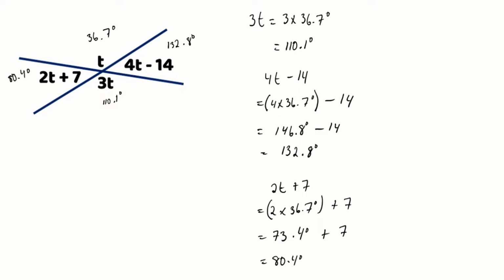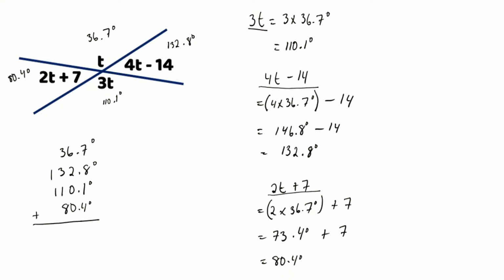Now, as a last precaution, since we've worked out our 3t, our 4t minus 14, and our 2t plus 7, I'm now going to add all of these angles together. This is just the last step in double checking to make sure that your answer is correct, because remember, all of these angles are supposed to sum to 360 degrees.